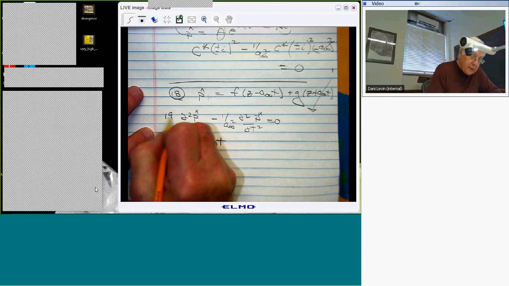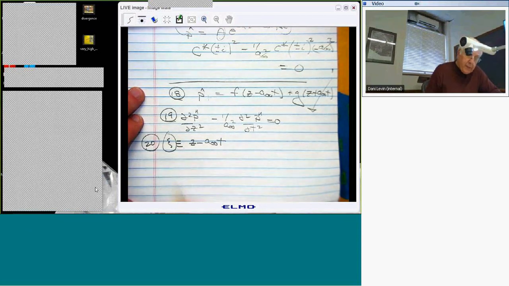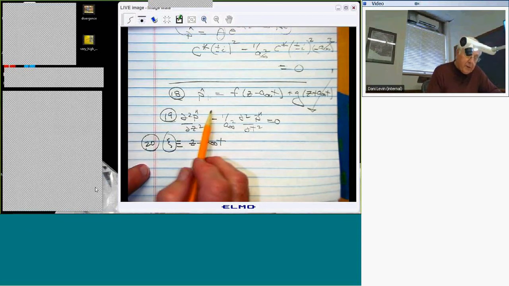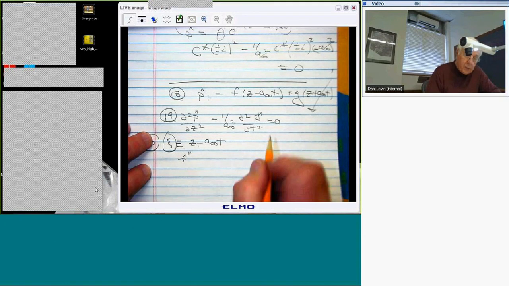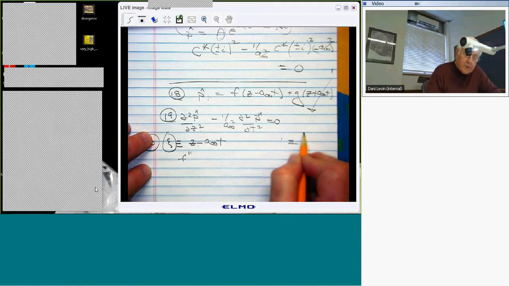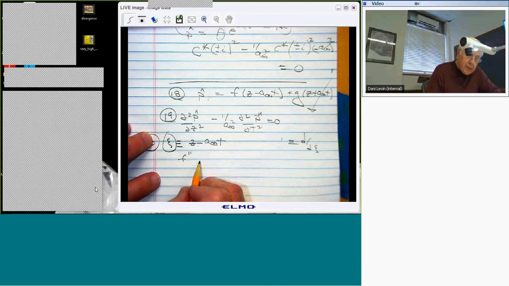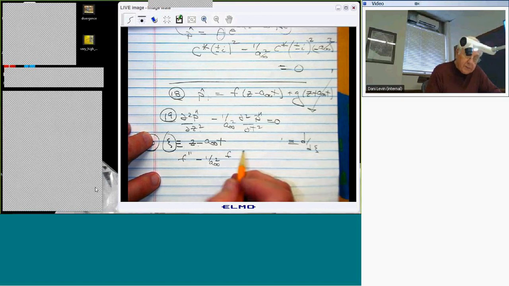If I take this result using this definition in here, I'm going to get f prime, where prime denotes derivative with respect to c, minus 1 over a infinity squared. Well, that's just going to prove the same thing, right? This is going to give me an identity too, which is nice, but doesn't help me.